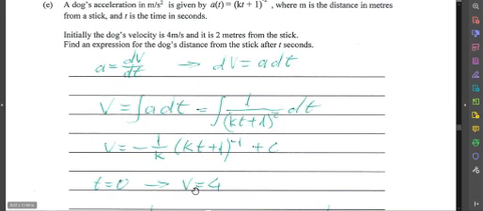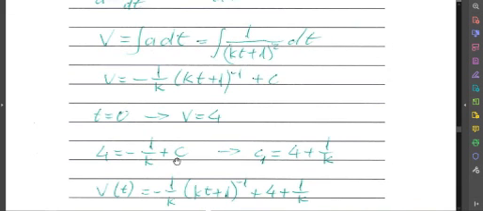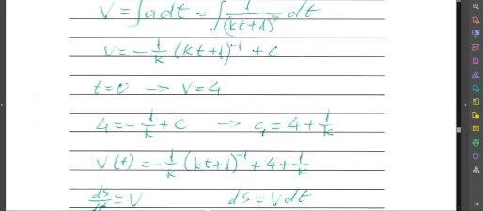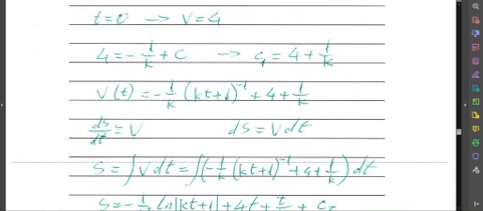And now when t equals 0, v equals 4. And I find the constant of integration. The constant of integration is -1 over k plus c. c is 4 plus 1 over k.